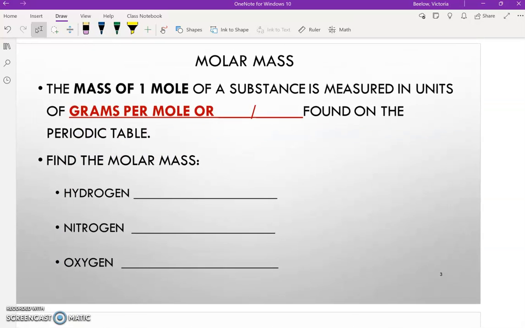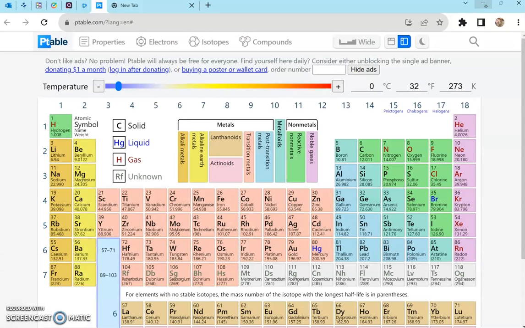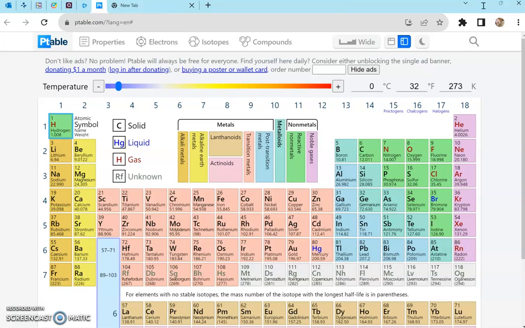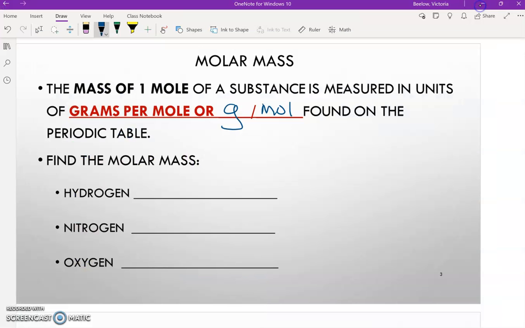So molar mass, as I mentioned, is the mass of 1 mole of a substance, and all elements have their own unique molar mass. On the periodic table, all of these decimal numbers are unique for that element. The units that we use to represent molar mass are grams per mole. So for example, hydrogen on the periodic table is 1.008.